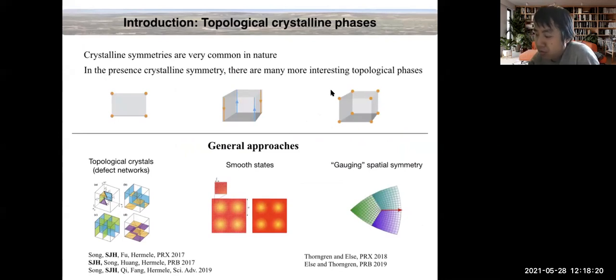Several general approaches have been developed, like the topological crystal or defect network approaches, or gauging spatial symmetries. So I think right now we have a fairly good general understanding of crystalline topological phases.